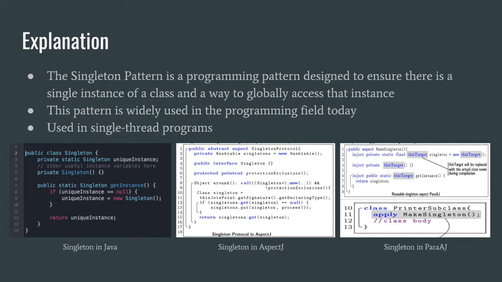Below are a few different examples of the Singleton pattern implemented in different languages. We have Java, AspectJ, and Para-Ajax. They all have lots of similarities where there's a unique instance of the class. There's a private constructor that allows for it to stay within that class and only be created, essentially, an instance one time.